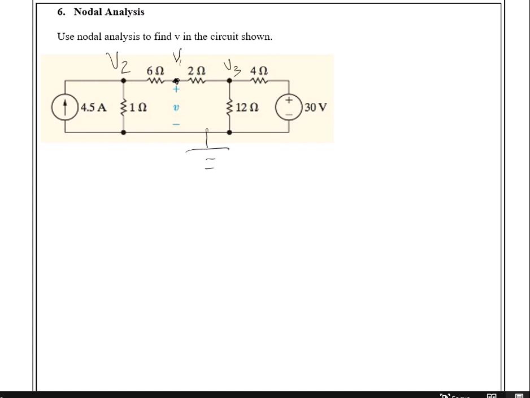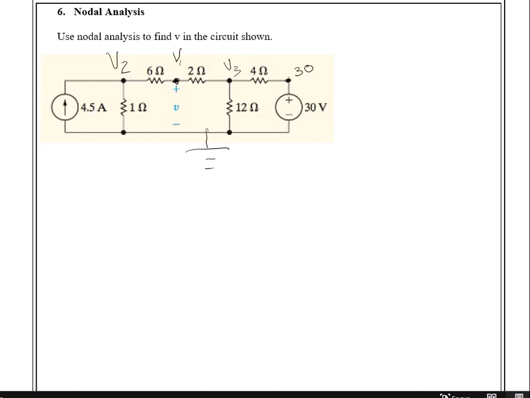Now, relative to ground, I know that if I make ground 0, the voltage right here is 30, because it has to be 30 volts higher on the other side of that voltage source. And with nodal analysis, we take all currents going out of the node and you add them together, and that equals 0.